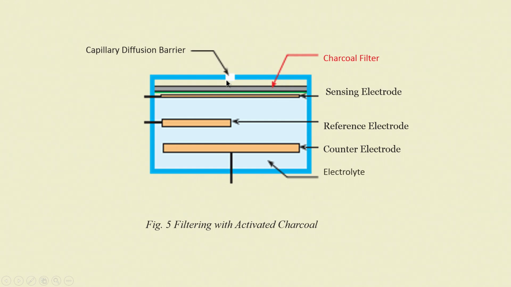All the gases and other things will diffuse through this, come in contact with this charcoal filter, and then I have a sensing electrode. So, whatever is not adsorbed will be coming on to the sensor, and then I have a reference electrode and a counter electrode, and everything is filled with the electrolyte.